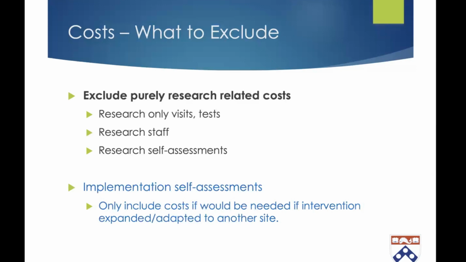Now, just to note, for implementation self-assessments, you would include these if it would be needed for the intervention to expand it out to another site. So if it's part of your intervention to say after the first month we do these self-assessments and tweaking, et cetera, then you would include those costs.